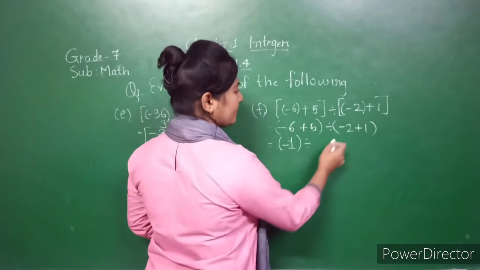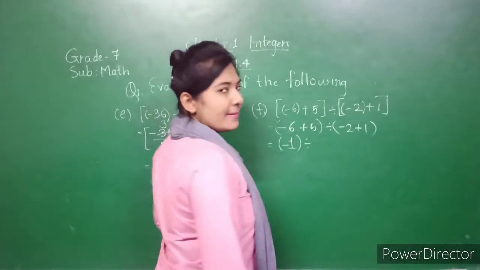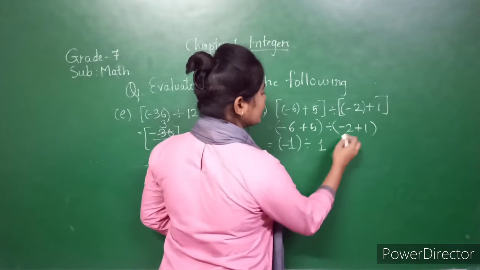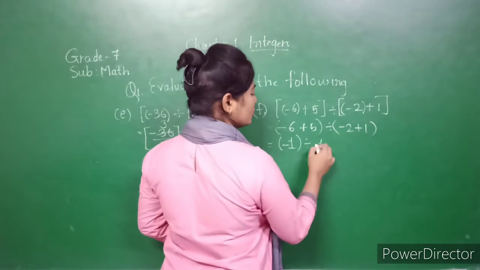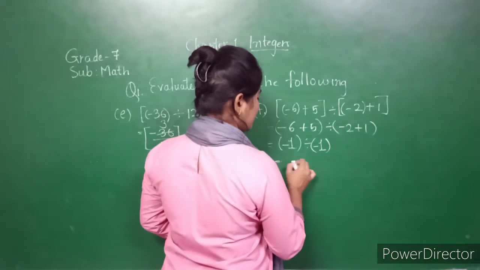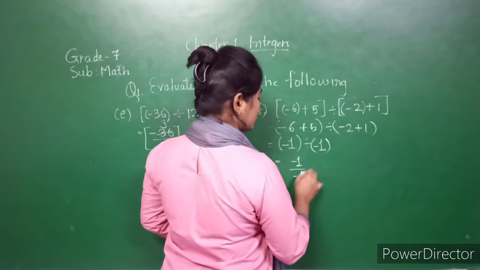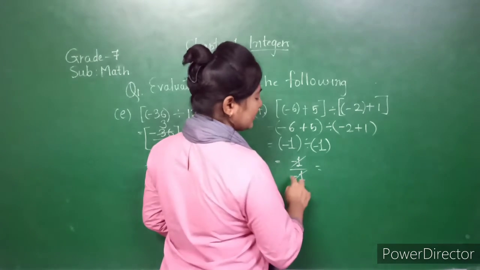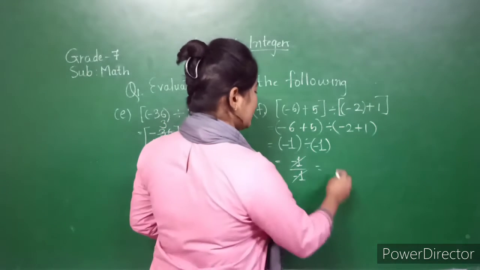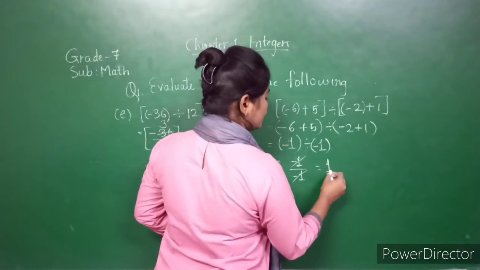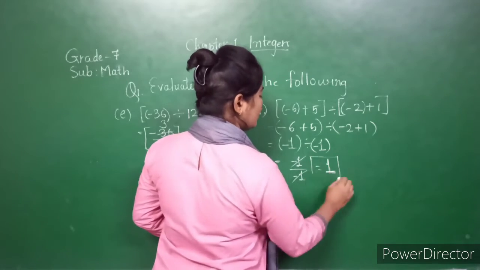Divided by minus plus it is minus. 2 minus 1 that is 1, and we have to put the sign of the greater number. So here the greater number is 2. So here it is also minus 1. So minus 1 divided by minus 1. So here 2 minus are there. So our answer, it is in a positive form. So it is 1. So our answer is plus 1.